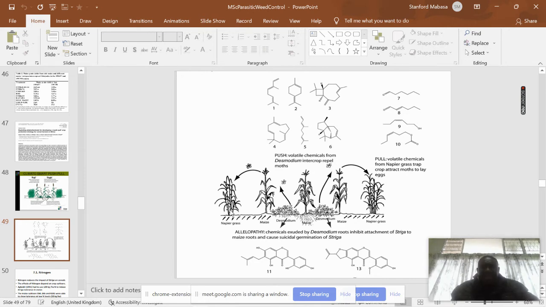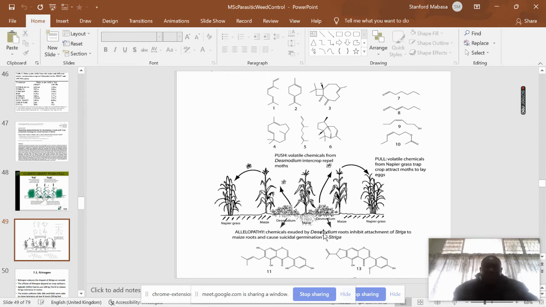So the maize is free of maize stalk borer as well as the striga in this push-pull technology, which doesn't involve use of agrochemicals.